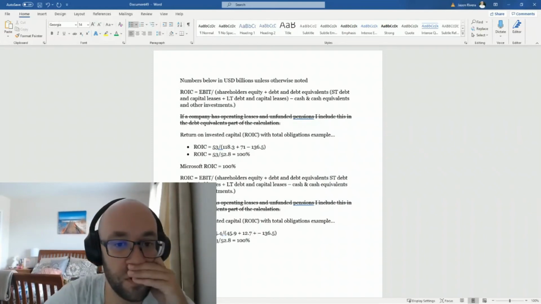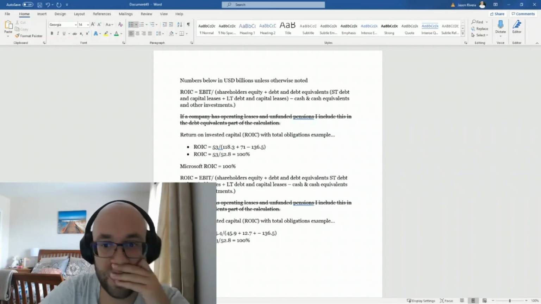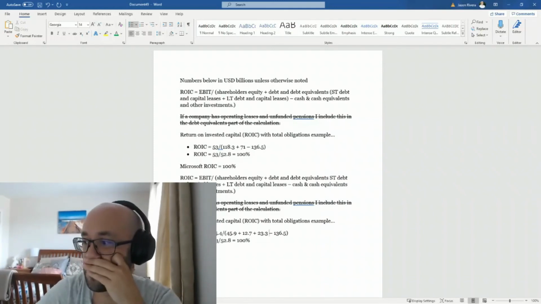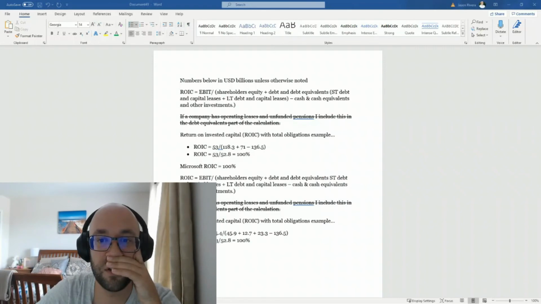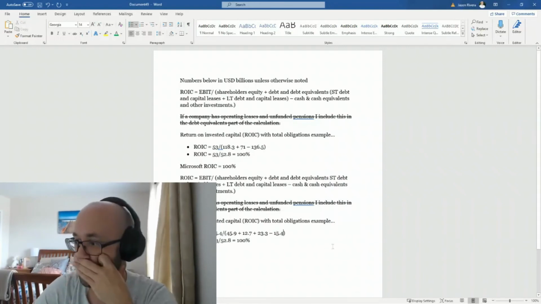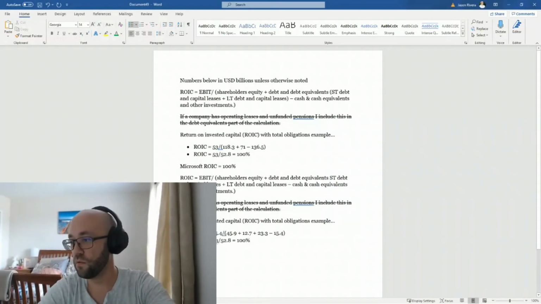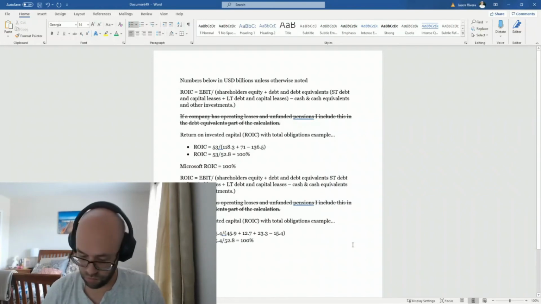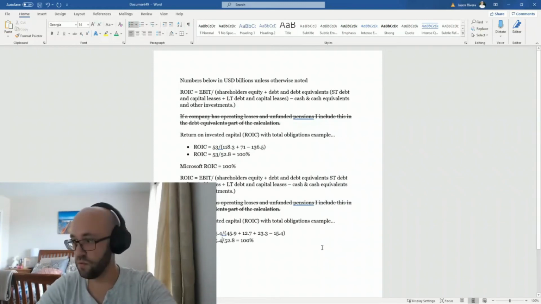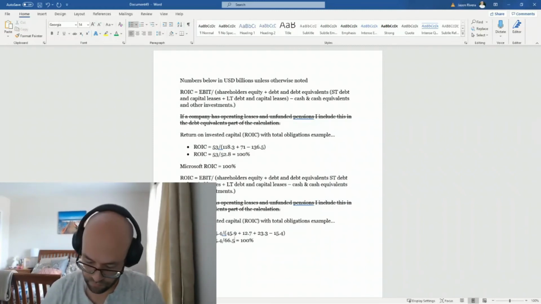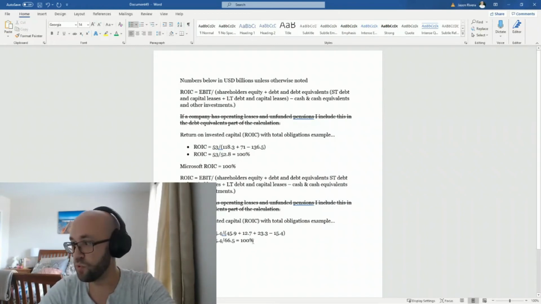Plus 23.33, minus cash and cash equivalents of 15.4. Okay. So 66.5. That is 23.2%.